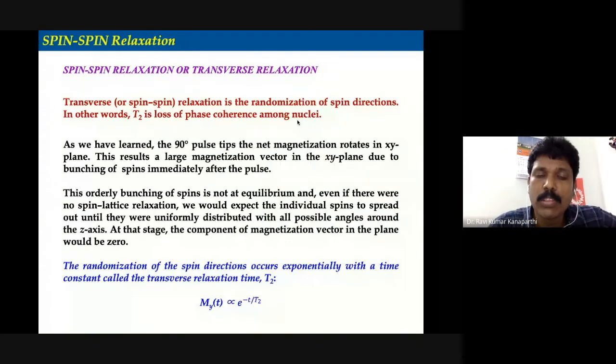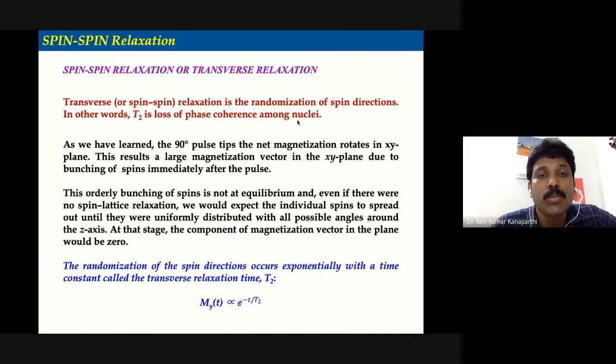Again, this process is an exponential phenomenon. If you measure the magnetization component along the y-axis, it follows an exponential path, and the time it takes to randomize all the spins is referred to as the transverse relaxation time constant, T2.